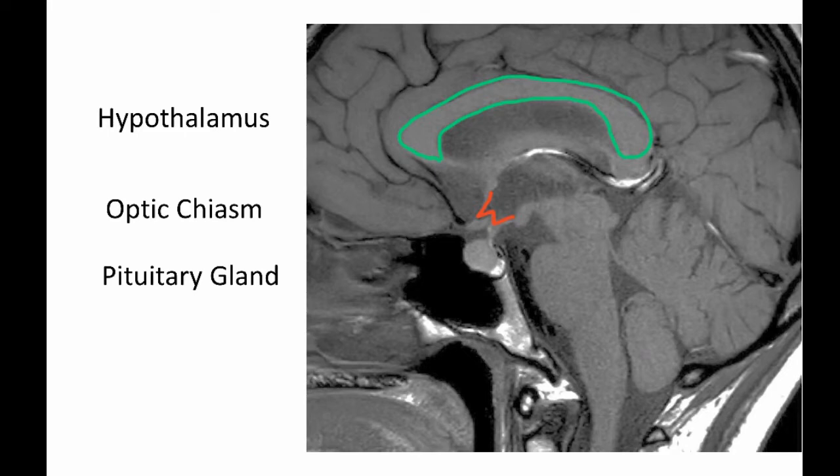So there's the hypothalamus. Then we've got the optic chiasm right here, and the pituitary gland. So there's the stalk, and there's the front of the pituitary, the anterior pituitary, and there's the posterior pituitary, which is lighting up in this person, showing that there's a problem there.